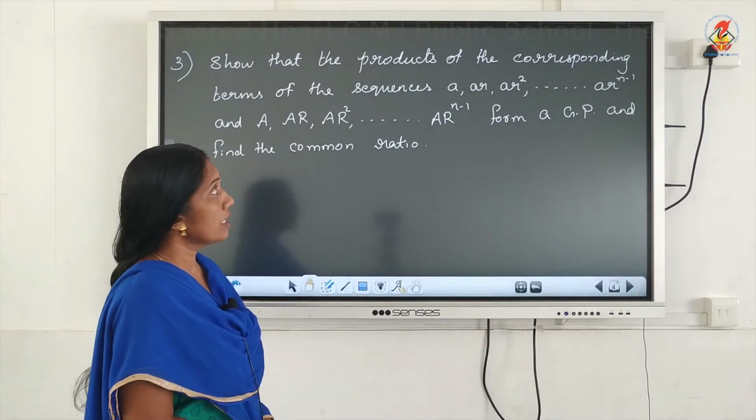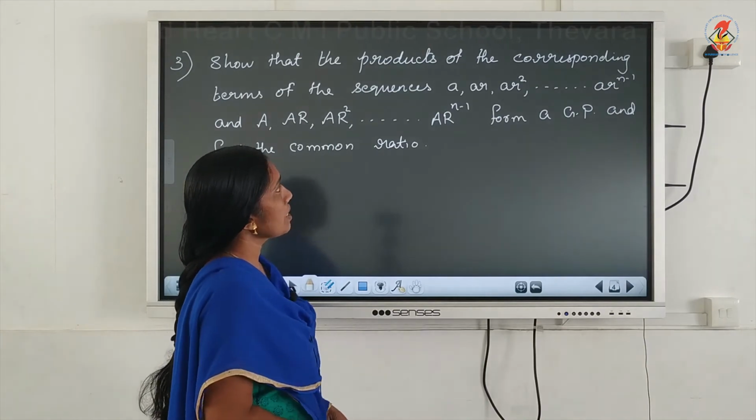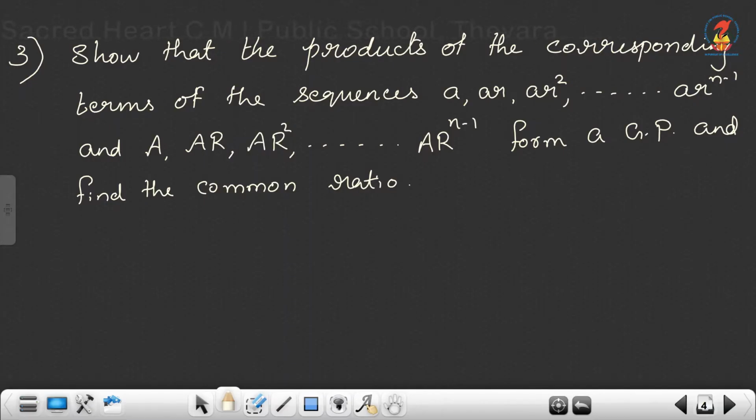The next one, show that the products of the corresponding terms of the sequences a, ar, ar square up to ar raised to n minus 1, and the second sequence is capital A, capital AR, capital AR square etc. up to capital AR raised to n minus 1 form a GP and find the common ratio.